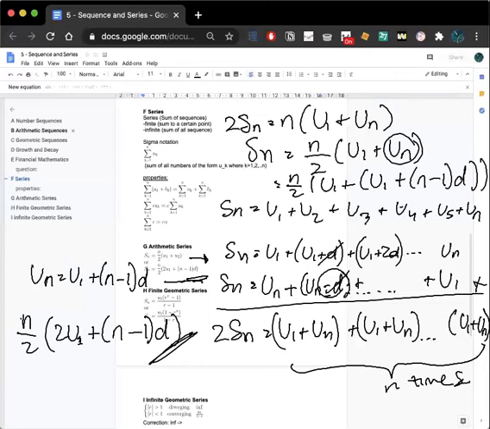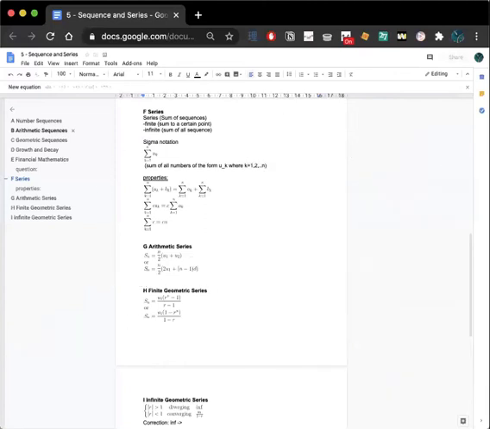You don't have to remember the formula since it's in the formula book, but it's good to know so you don't wonder what formula this is and where it comes from.